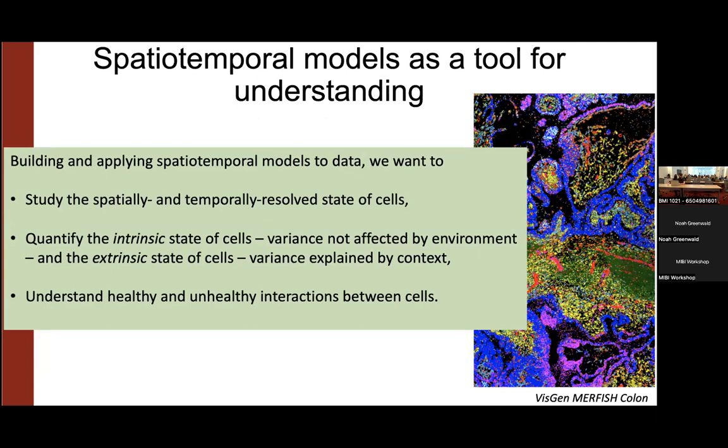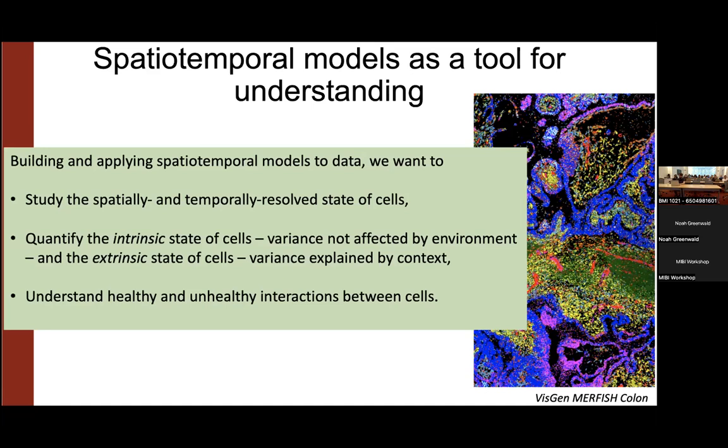And in particular, I'm interested in quantifying the intrinsic state of cells, right? What the state of a cell looks like when the variance is not affected by its local environment, and the extrinsic state of cells, right? What the variance of a cell looks like that's affected by its environment, that changes due to what's around it. I'm sort of quoting Aviv Regev there. She talks about that a lot, and I really appreciate the word she uses there.